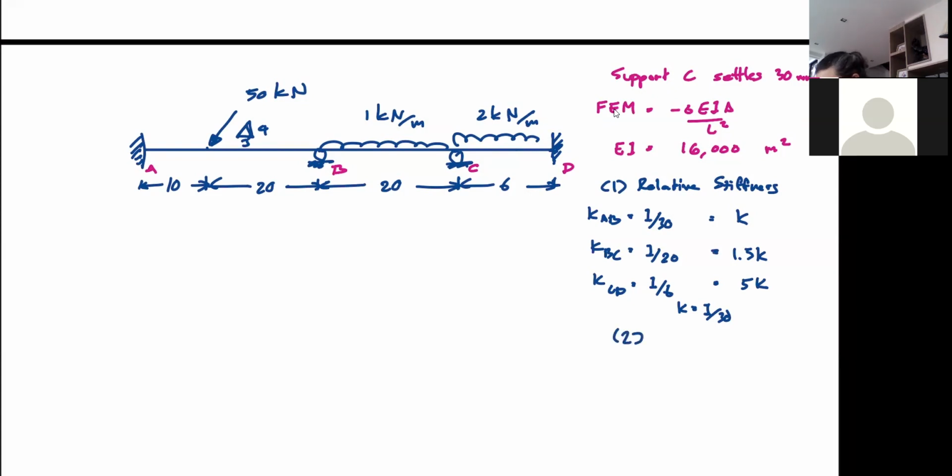Step two is the distribution factor. DF BA, you have 1 over 2.5, that is 0.4, right? Then distribution factor BC, that's 1.5 over 2.5, which is 0.6.